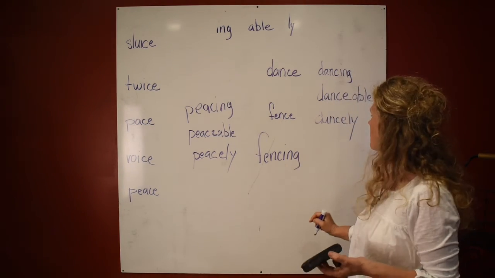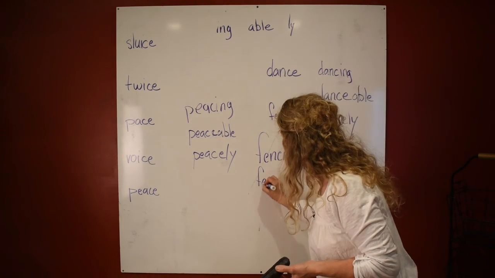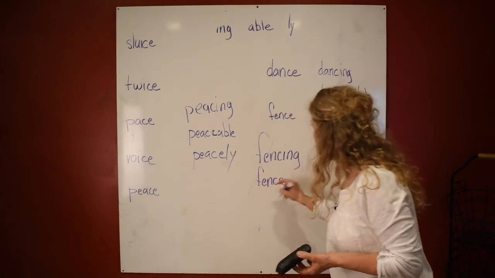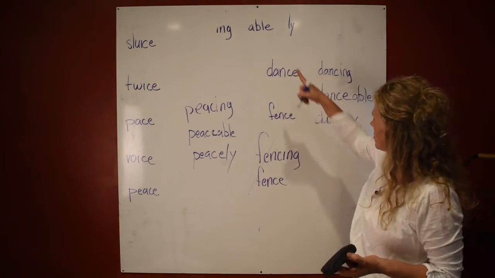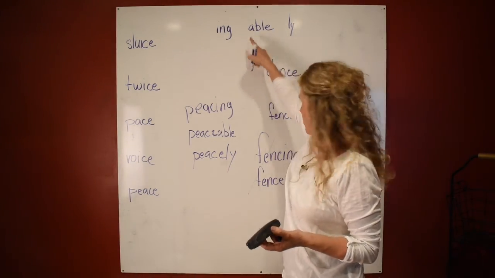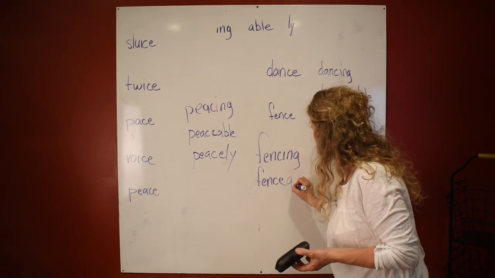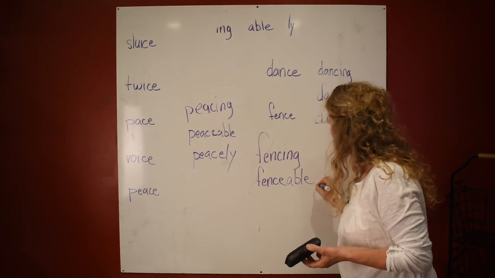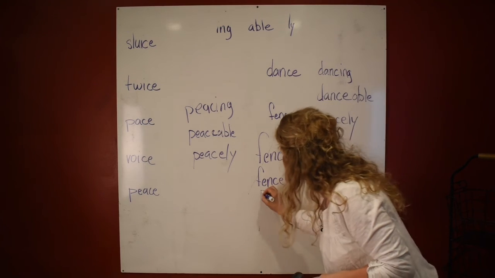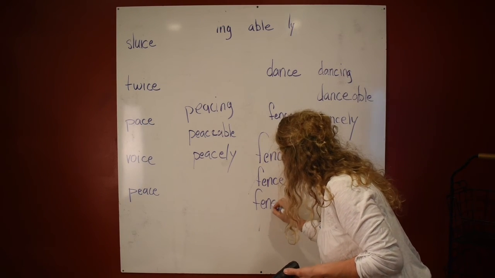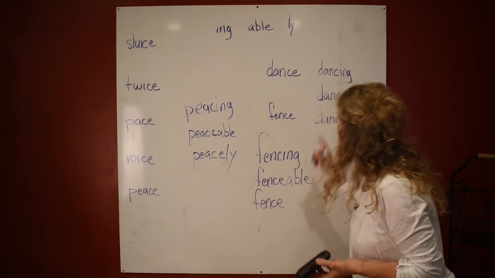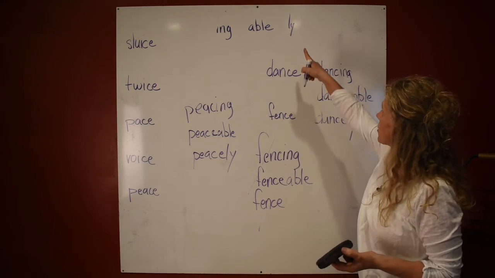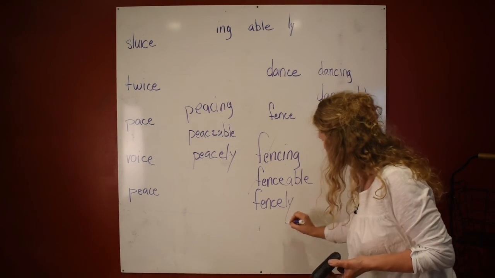Drop it. But fence. So this is not an E, I, or a Y, so we keep the E and add fenceable. Okay, so let's do fence again. And we don't drop E's when we're adding on a consonant suffix.